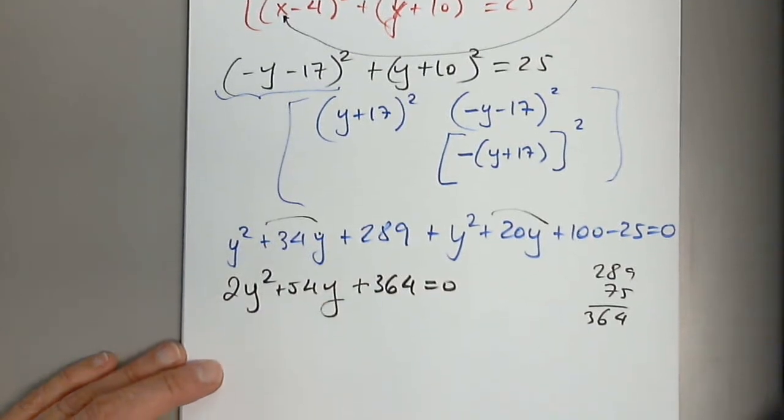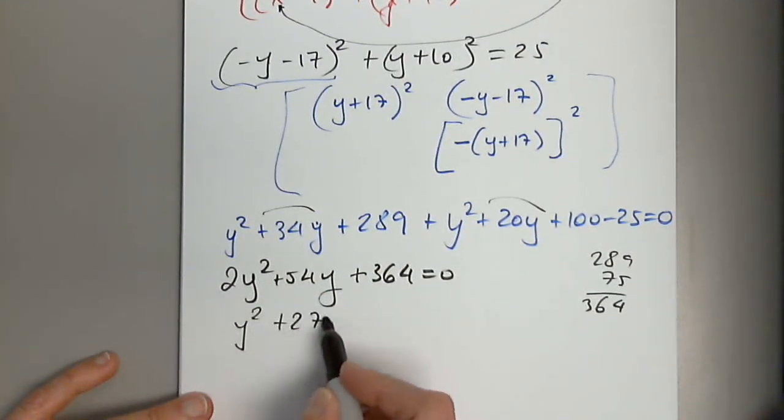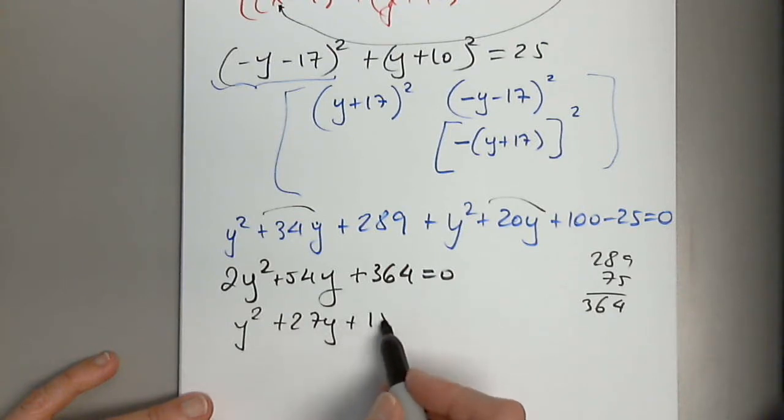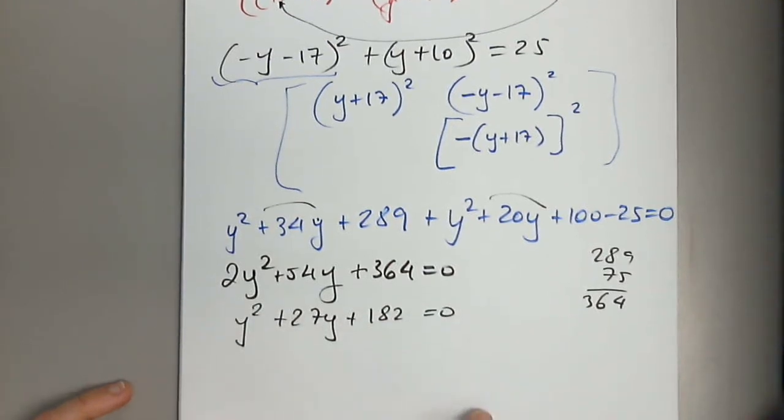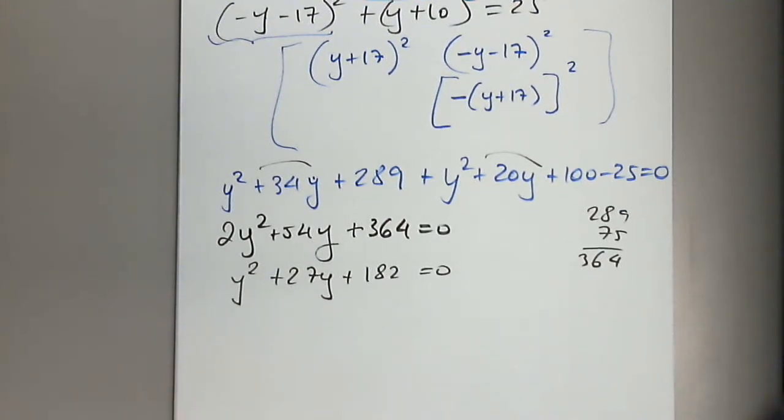You know what I'm going to do next? Of course, make it as simple as possible. y squared plus 27y plus 182 equals 0. Notice I missed that step. Well, it's not mandatory, but it makes your life easier.